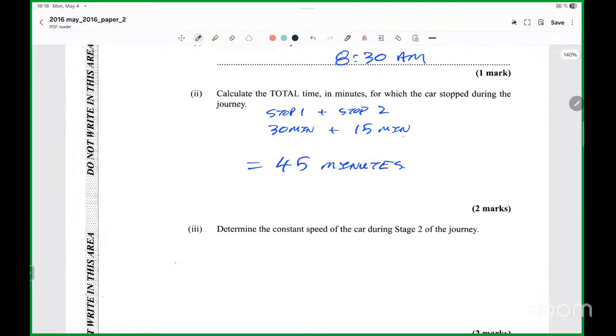Determine the constant speed of the car during stage 2. Speed equals the distance over time, or the gradient. So for stage 2, speed equals stage 2 distance over stage 2 time.